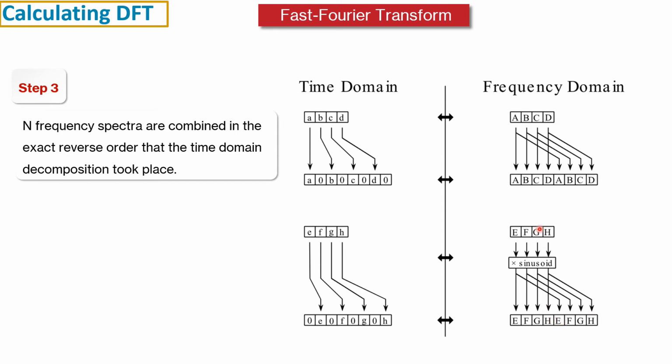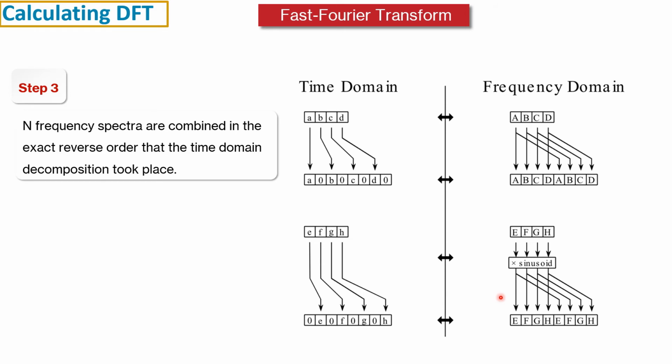Okay, so when this is done, ABCD is duplicated and EFGH, the second signal, is multiplied with the sinusoid and then duplicated. After that we add both of these signals together, okay, and we get one frequency domain spectrum.